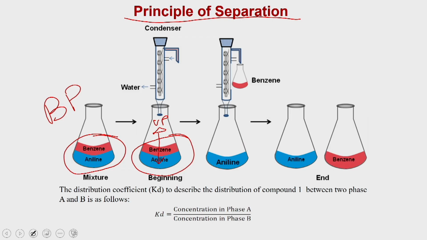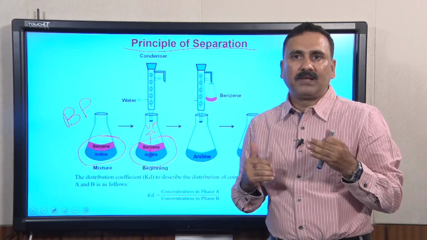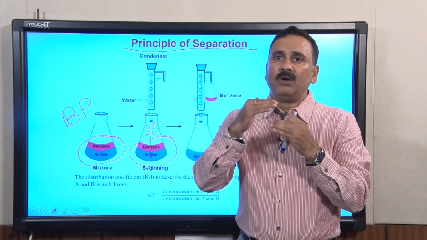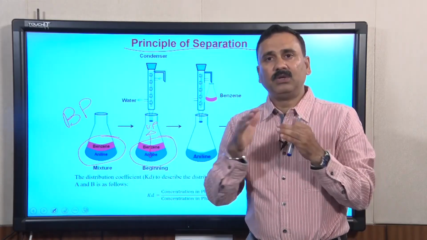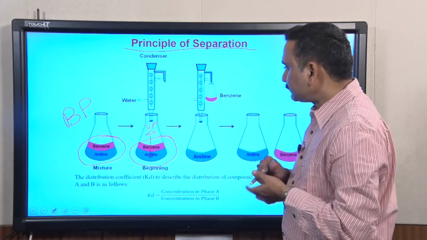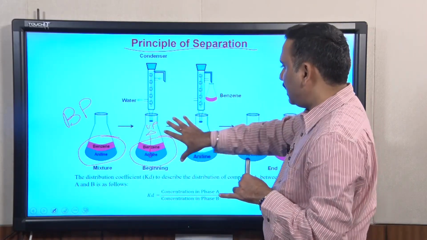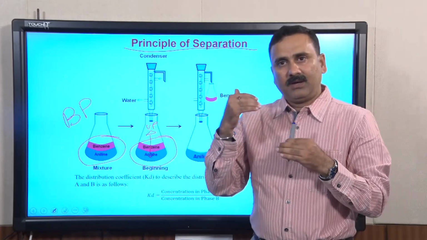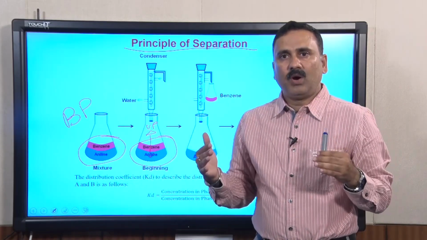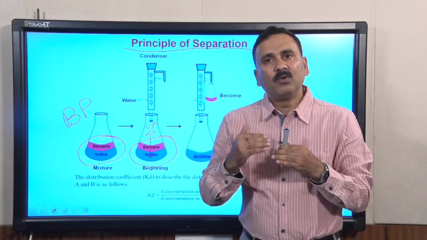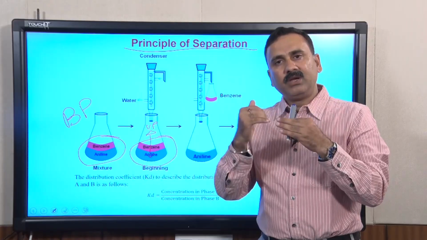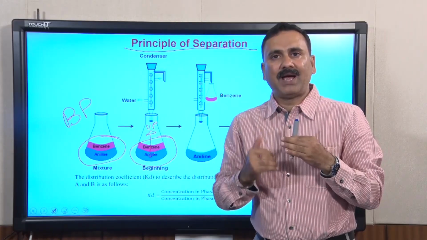In the beginning both molecules distribute themselves into the two phases, but as the process continues, because benzene has a different boiling point, the benzene will prefer to be more in the vapor phase, whereas the aniline is going to prefer more the liquid phase.